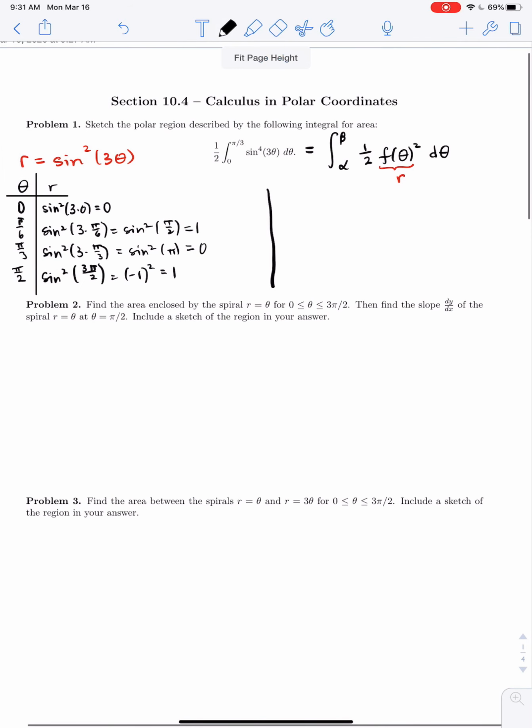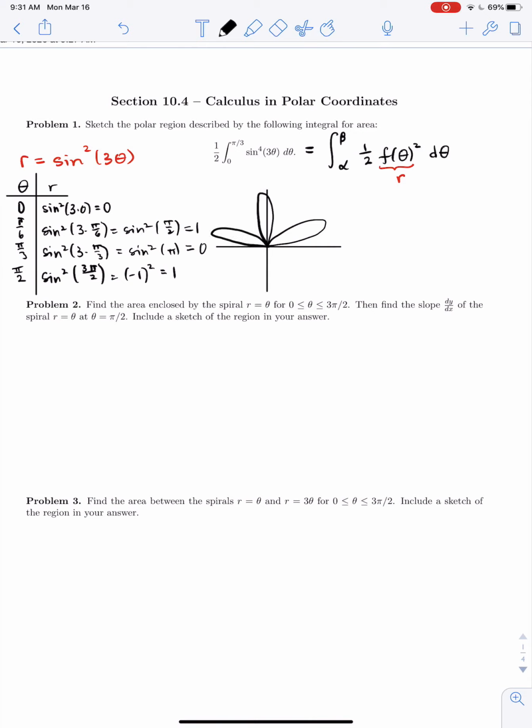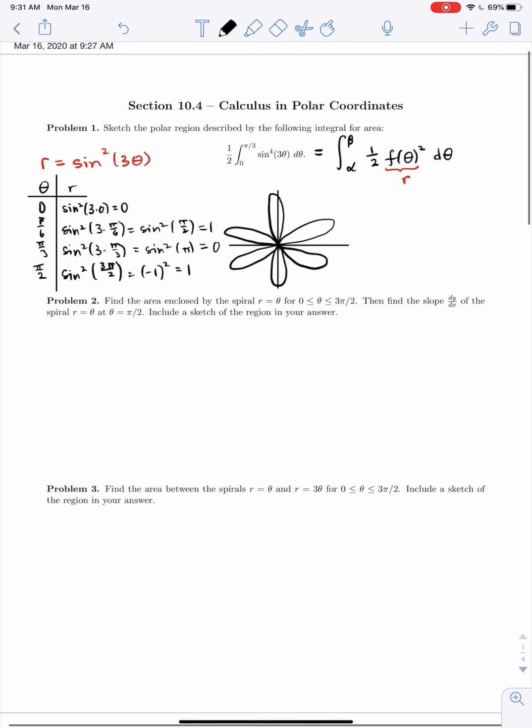They're spaced pi over 3 apart, and you're going to have a petal that goes out and hits r equals 1 at its furthest point away. So this is the full polar graph of that polar equation.